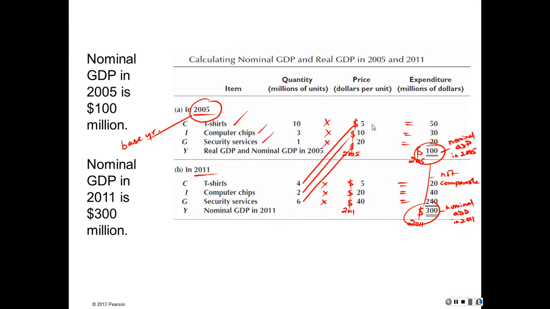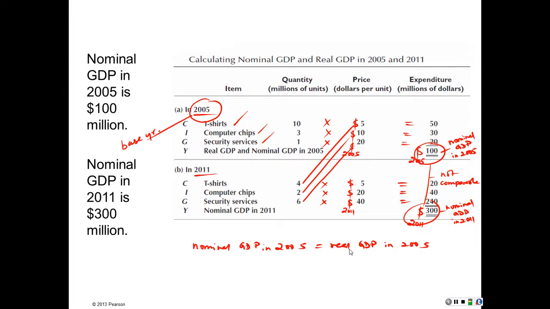Yes? Now, once we choose 2005 to be the base year, wouldn't it be true now that nominal GDP in 2005 is the same thing as real GDP in 2005? Isn't that true?